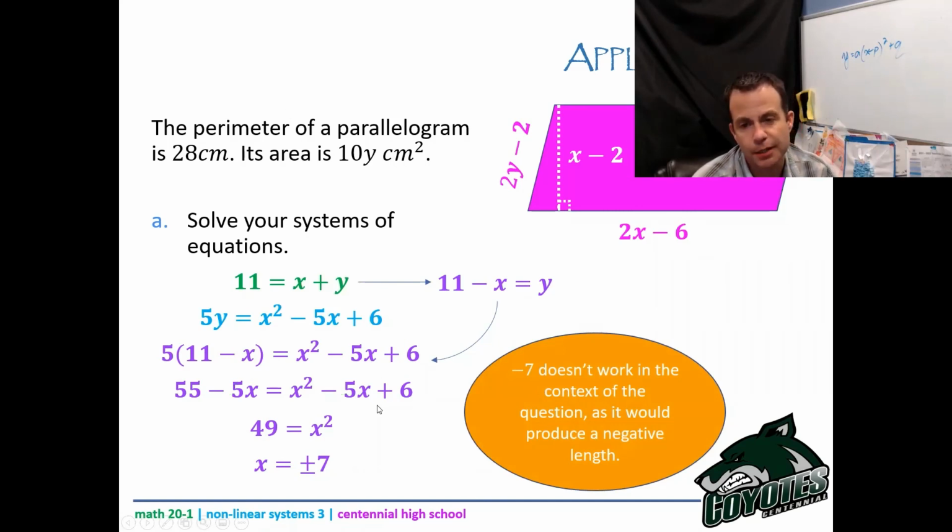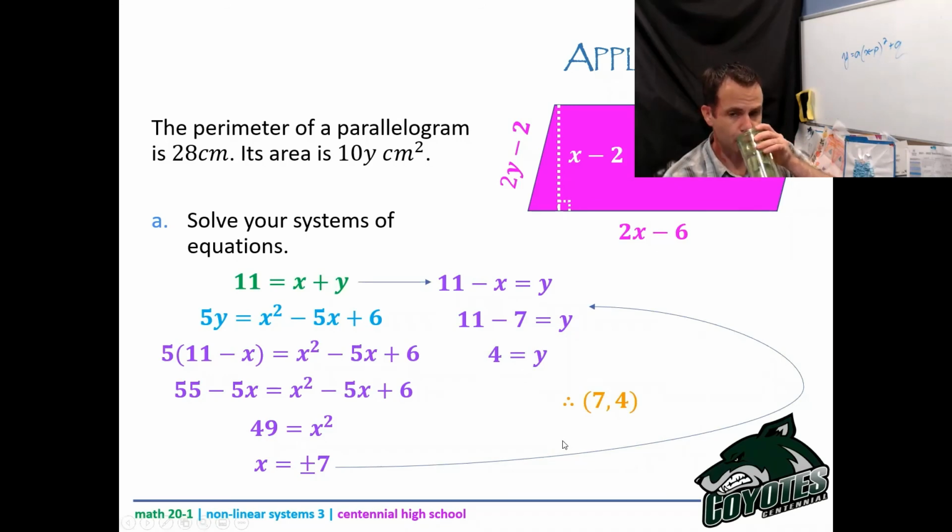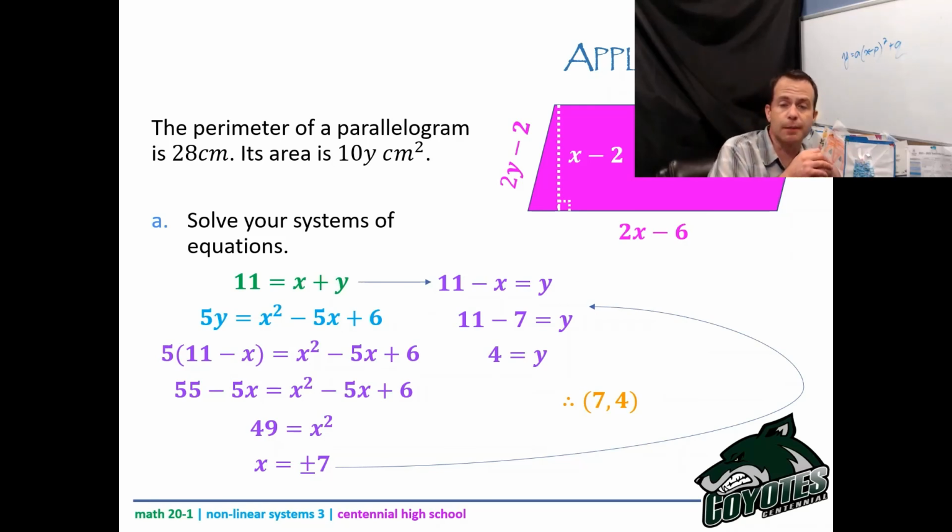I'm going to plug it in right where I left off on 11 minus x. So now I have 11 minus 7 equals y, so y is 4. The solution to the system is 7, 4. I could have asked you what the dimensions of the parallelogram are. If I had done that, you would have just plugged in the 7 for your x's and the 4 for your y's.